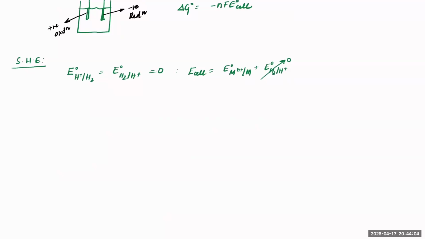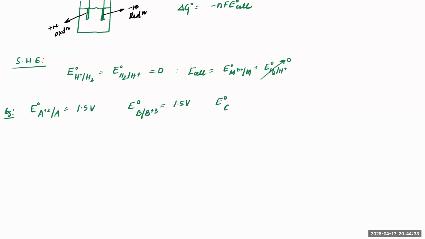Given the reduction potential values, we should be able to figure out which is a stronger or weaker oxidizing agent. Suppose I gave you, for example, E naught of A plus 2 to A, and this value is, let's say, 1.5 volts, and E naught of B to B plus 3 value is 1.5 volts.